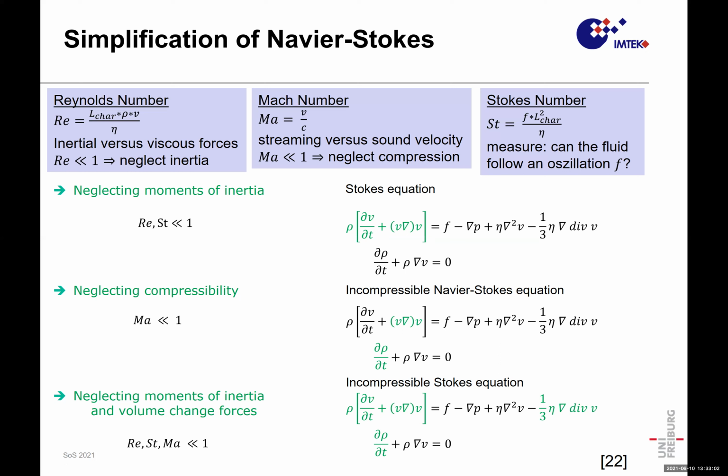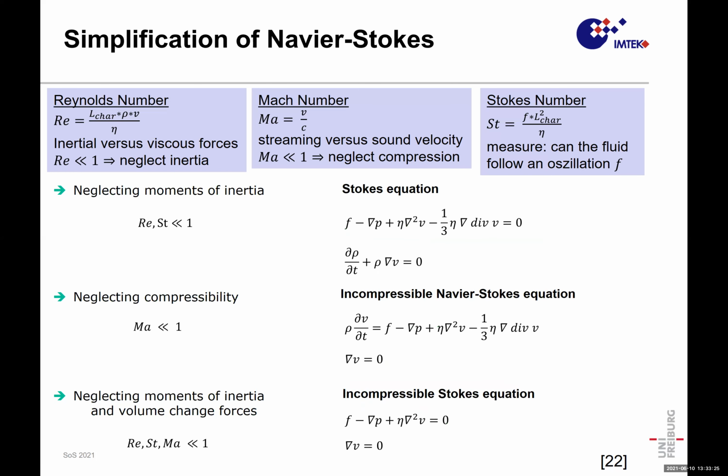This simplifies further. And last but not least, we get the incompressible Stokes equation. When we say we don't compress anything, then we can simplify further. And this is the way to find the equation that can finally be linearized or solved for special problems. And we pick some problems out here. So these are simplified equations finally.